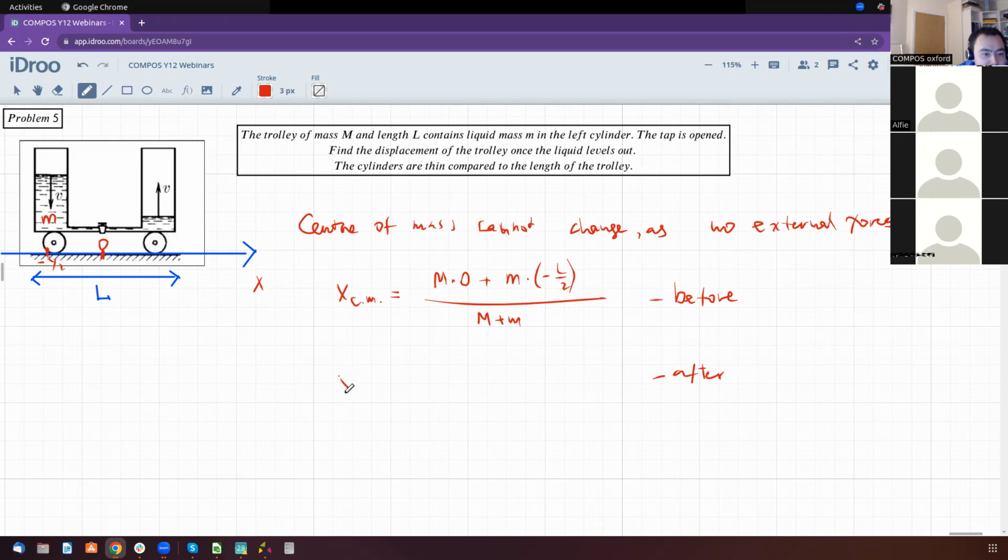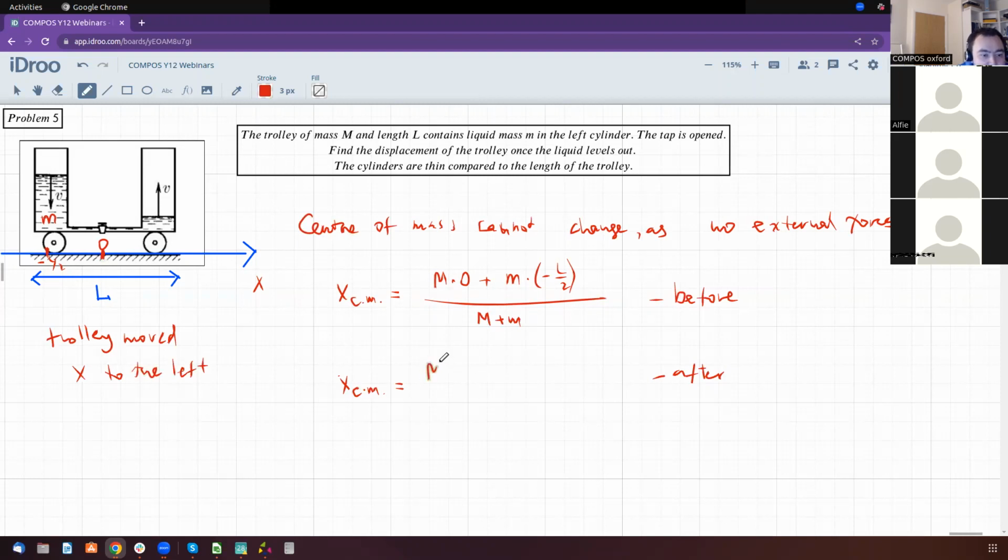So X center of mass is equal to, now let's say that the trolley has moved by X. The trolley has moved X meters to the left.